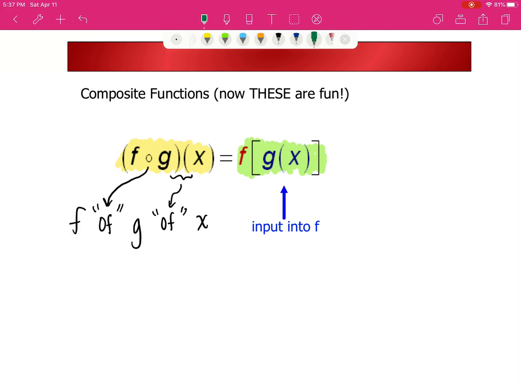That means that you're going to put x into the g function, and then whatever comes out, you're going to take that output and put it into the f function.